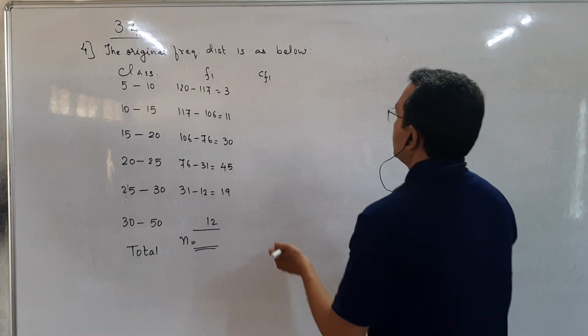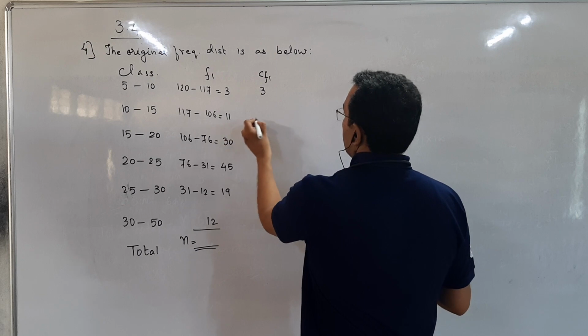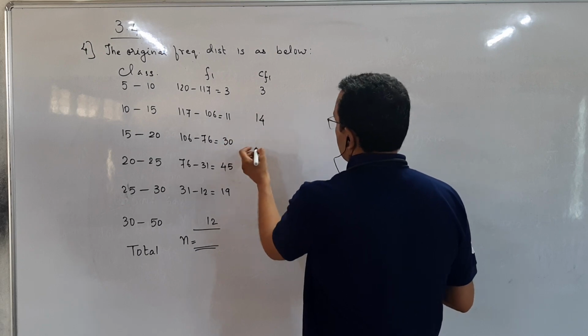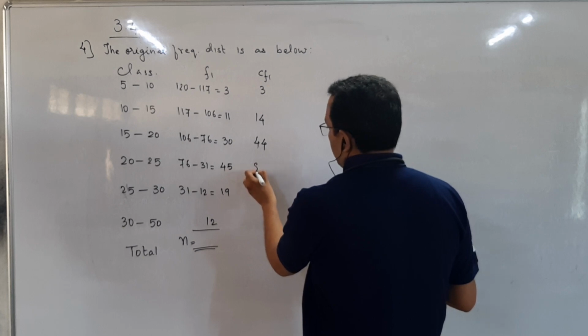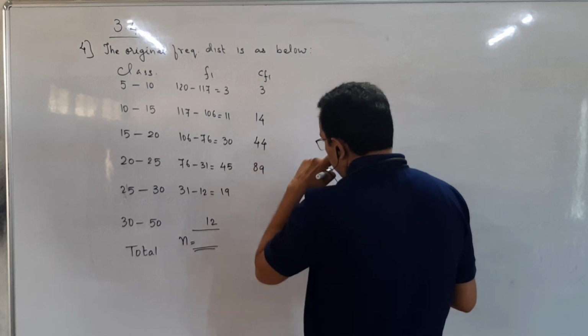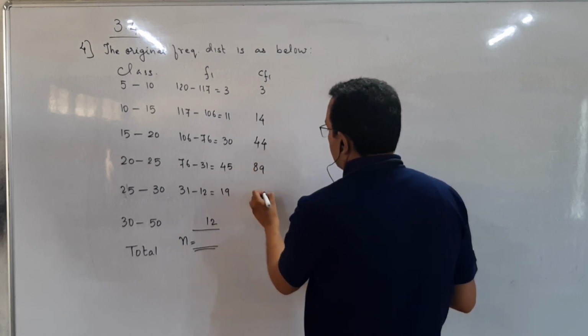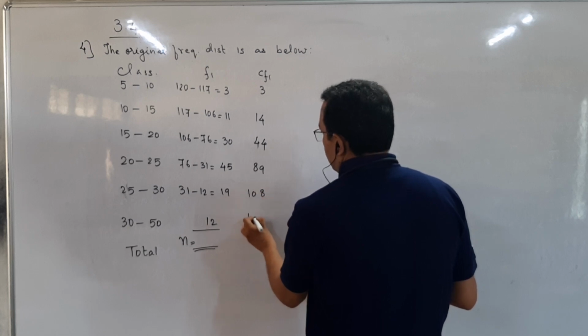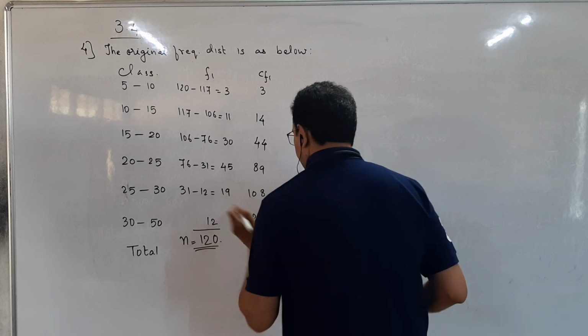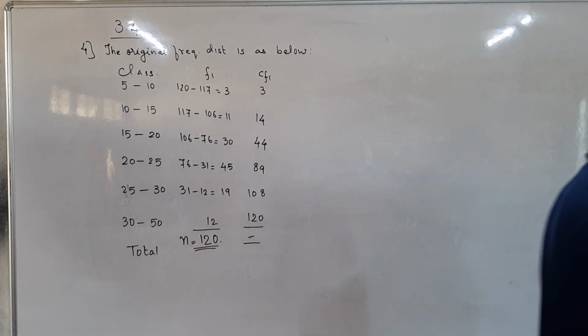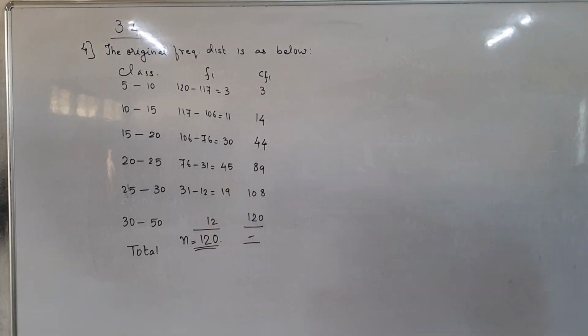So let us find the CF. 3 plus 11, 14 plus 30, 44 plus 45, so 89, and 89 plus 19 is 108, plus 12 is 120. So total frequency will be 120. Now the first part of the sum is to find the median salary.